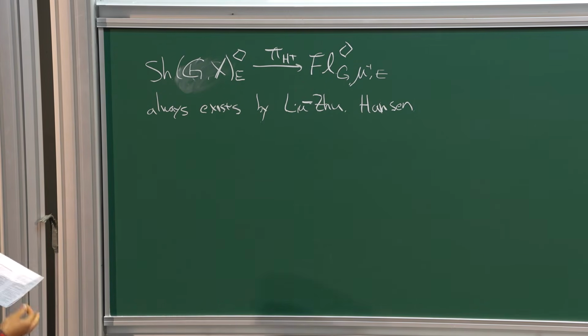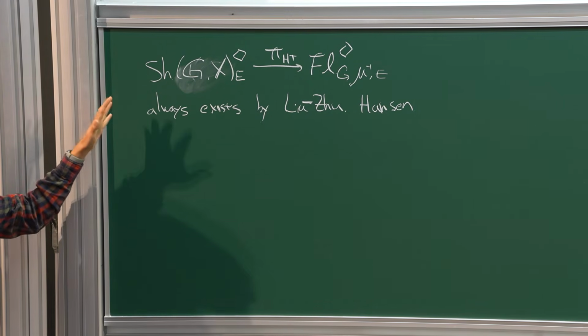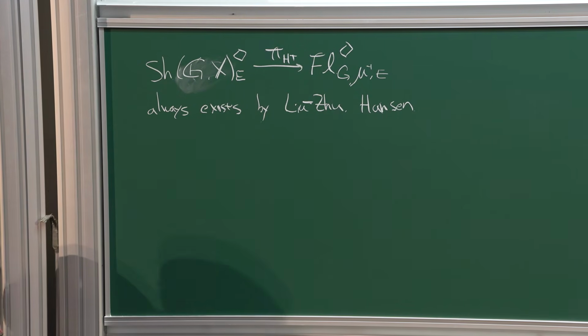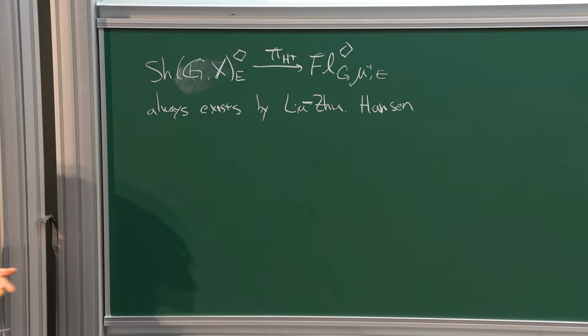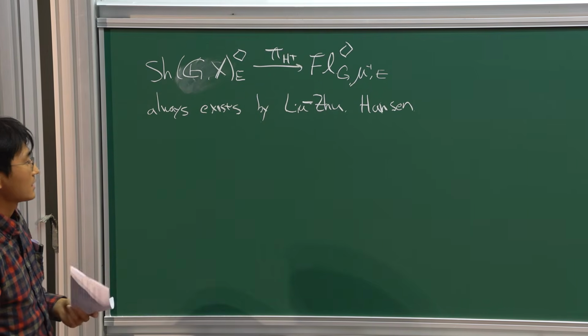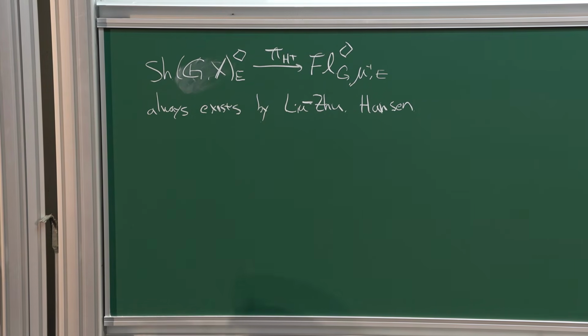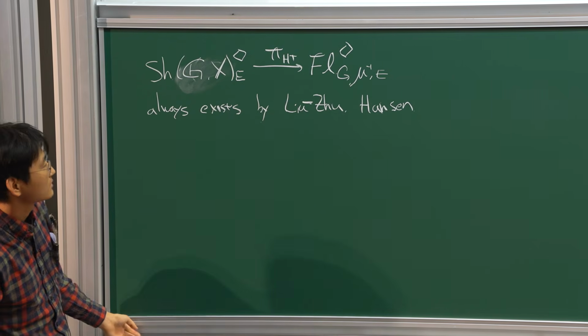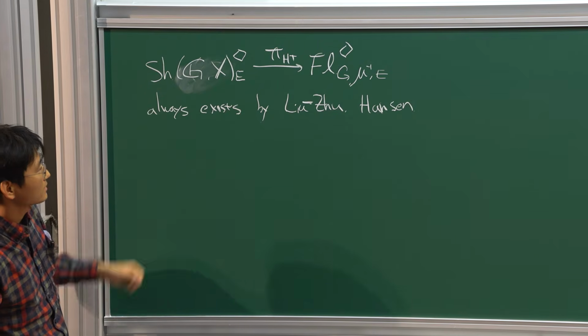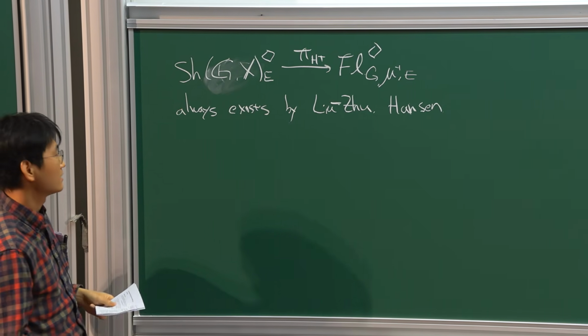So I don't have to really assume anything about G and X. It can even be something exceptional. It doesn't have to satisfy this condition that the Q rank of the connected center is the same as the R rank of the connected center, and so on. So it really works for arbitrary G, X.